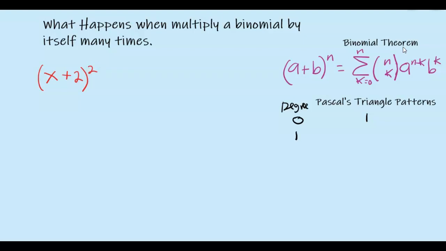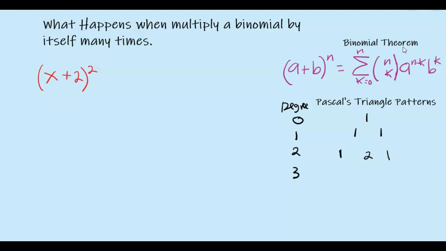What are the 2 directions this can go? 1 and 1. We started with 1, and then we add these 2 together. 1 plus 1, we get 2. We write it in the middle here, and then we bring the 1 here. This is of the 2nd degree.